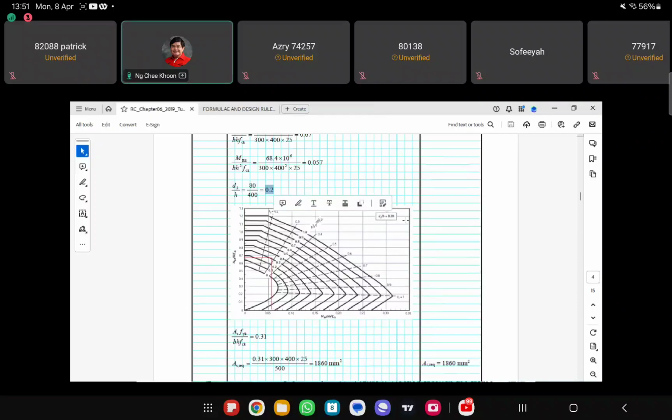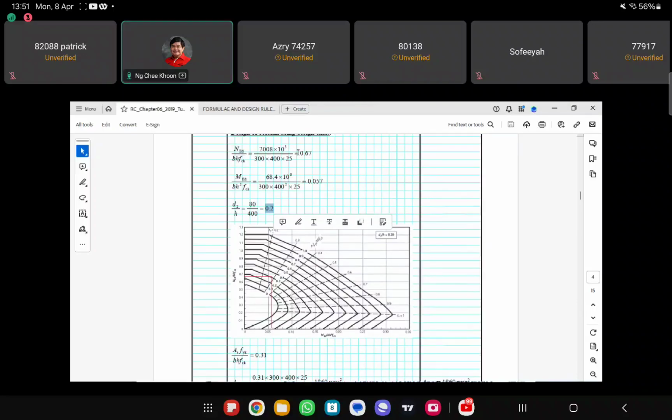So I refer to the 0.2 chart, right? And then based on NEd over bh fck of 0.67, it is somewhere here. So this side is NEd over bh fck. So this is 0.6, this is 0.7, so 0.67 is roughly here.